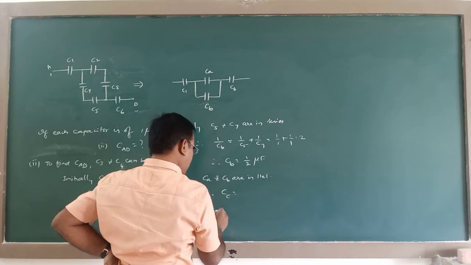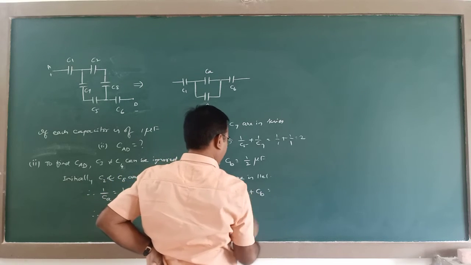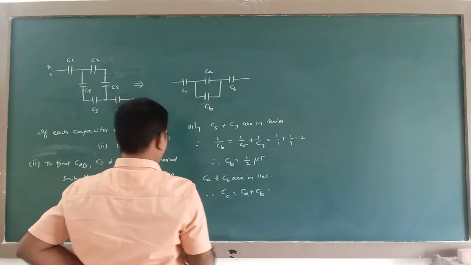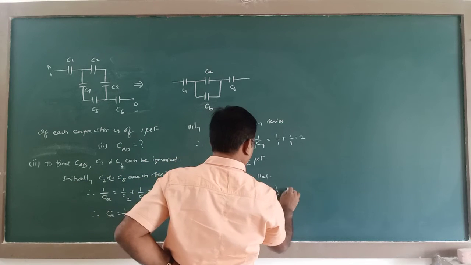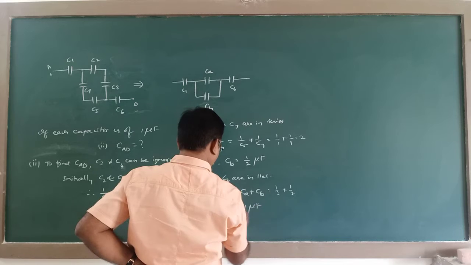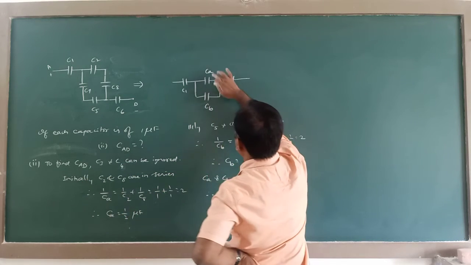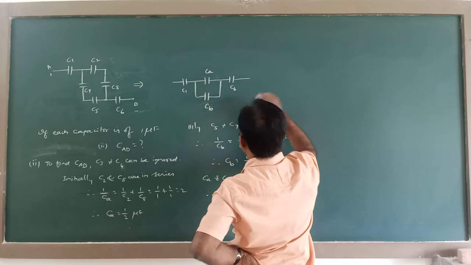Therefore, their effective capacitance CC is CA plus CB. CA is half, CB is half, so it is equal to 1 microfarad. So the effective capacitance of these two is 1.